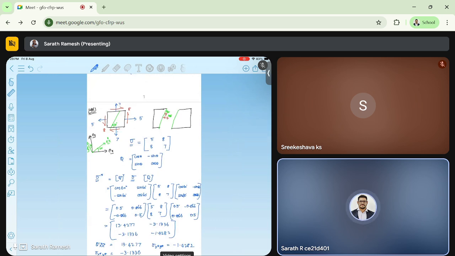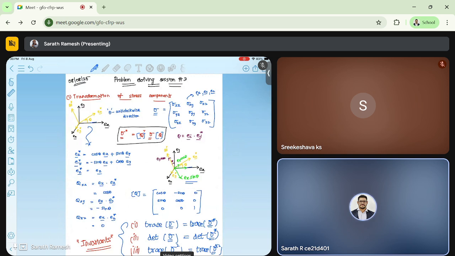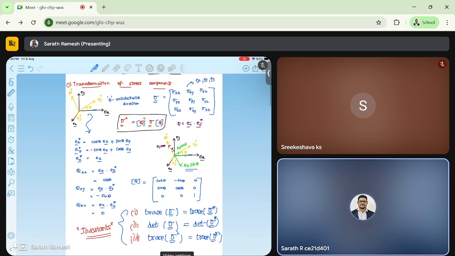Okay, so this is the first concept for today. When we change the stress components from one basis to another basis, the three invariants won't change. Even though the nine components of a 3 by 3 stress tensor change, three invariants like the trace of sigma, the determinant, and the trace of sigma square remain the same irrespective of the basis.